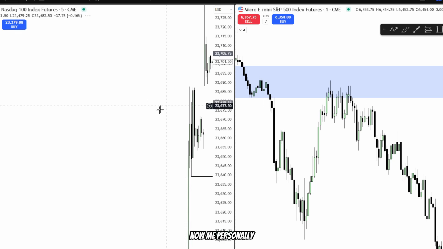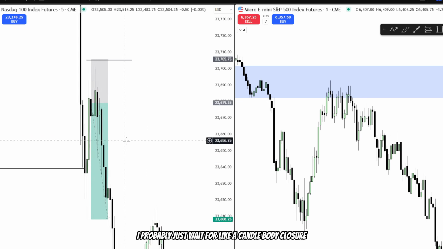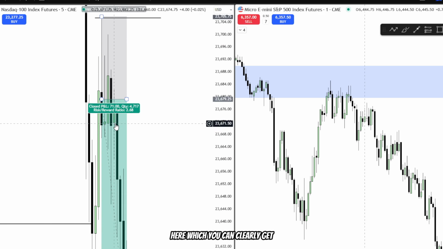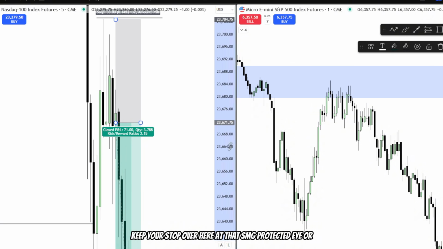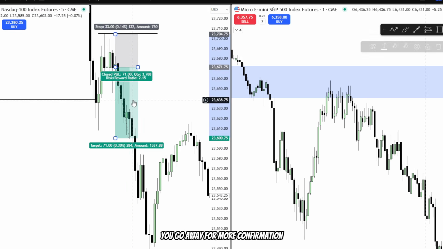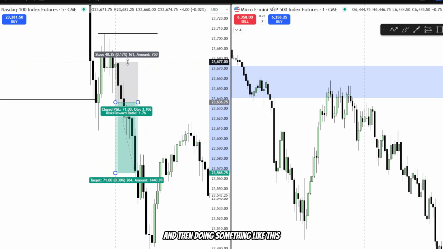Now, me personally, I probably would not take it off that. I'd probably just wait for a candle body closure below here, which you can clearly get. You take this, keep your stop over here at that SMT protected high, or you can wait for more confirmation, right? You can wait for more confirmation by getting a 15-minute change in the state of delivery and then doing something like this, right?